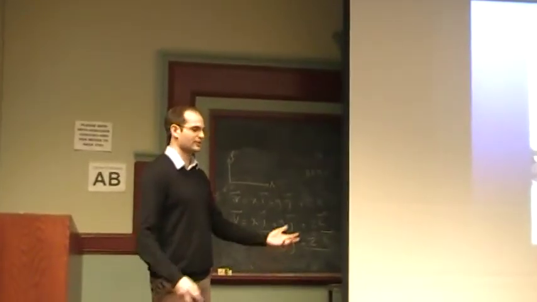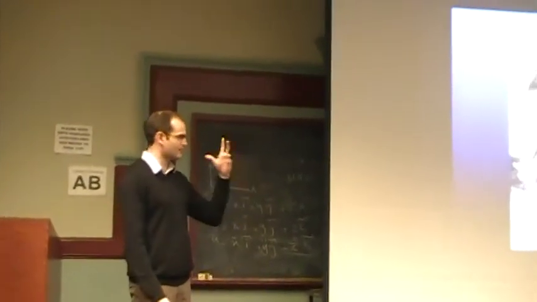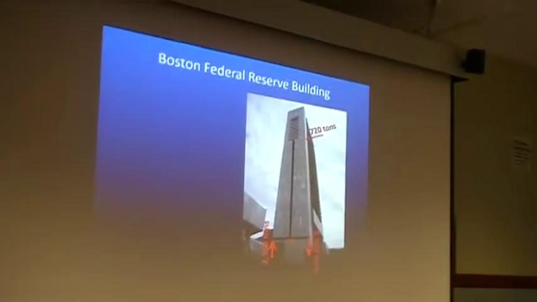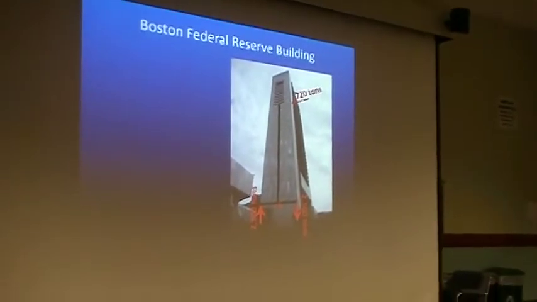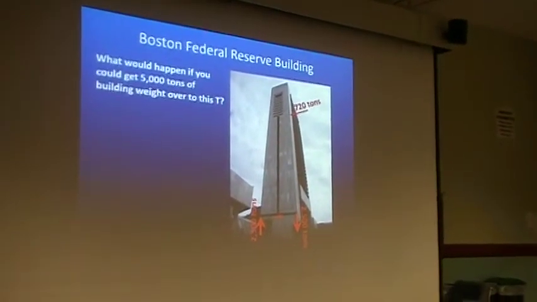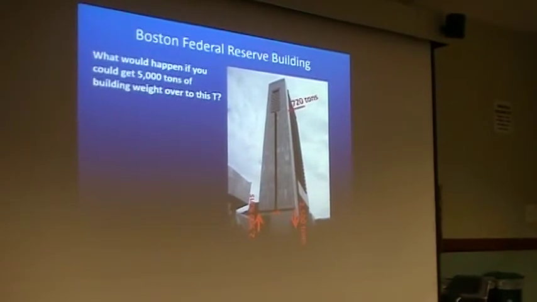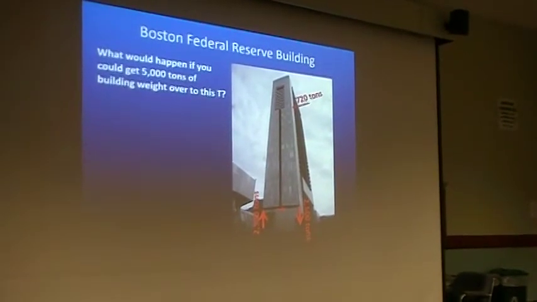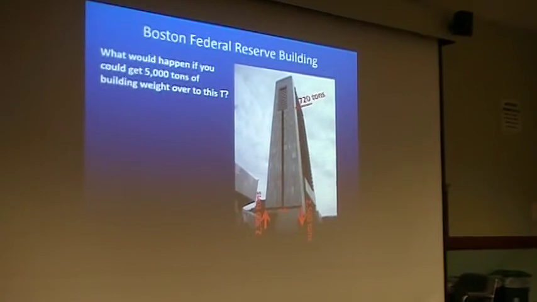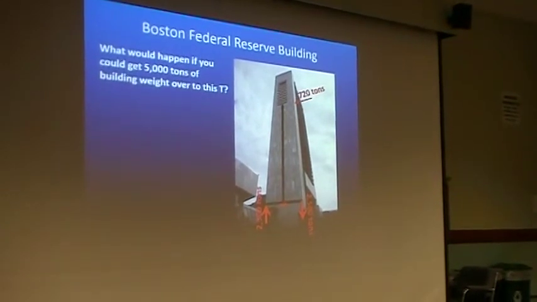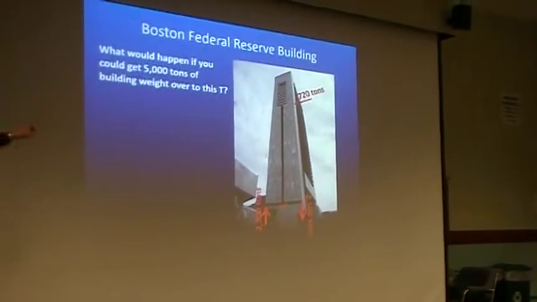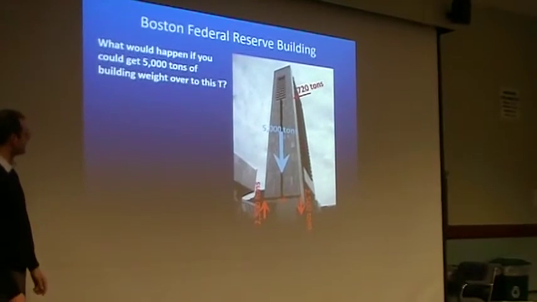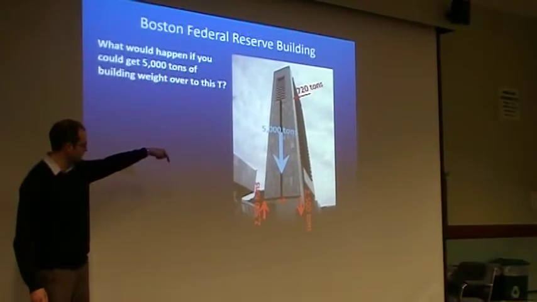There's a dead load in the building, it weighs something. You find some way to make that help you out. The answer is yes, but this is giving away the answer in some ways. What do you have to do to weigh the thing down? What if you pull a number out of your head? What if you pull out 5,000 tons of weight? Can you get 5,000 tons of weight somehow over here?